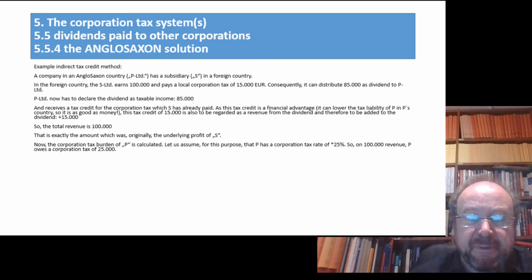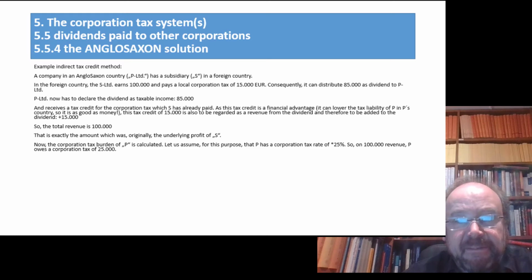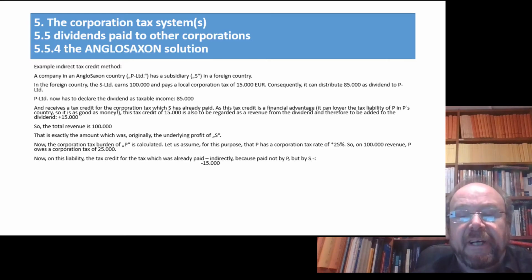Now let's compute the tax burden of P. They have 100,000 taxable revenue. And now let's assume their tax rate is 25%. Then P owes a corporation tax of 25%. They can credit the tax credit to the tax burden. That is the nature of a tax credit.